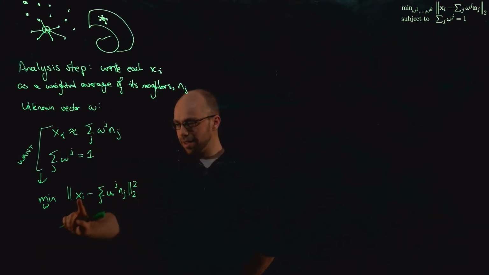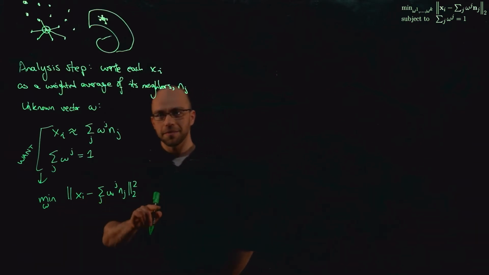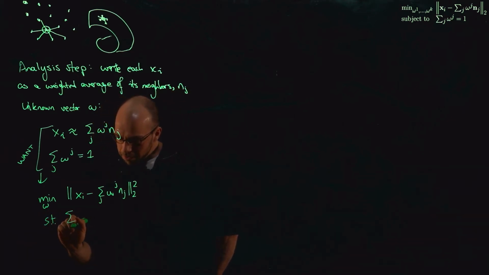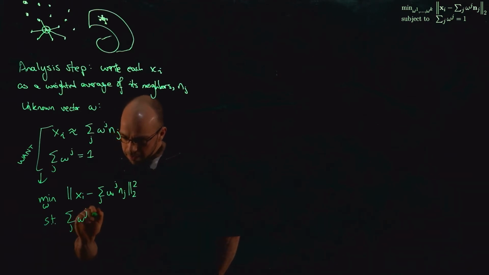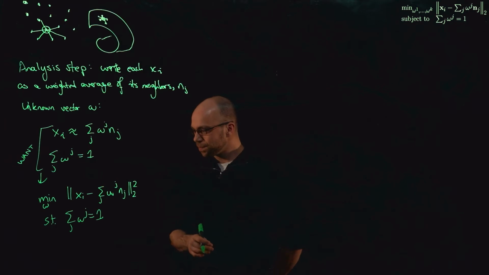Right, so this is just saying I want the vertex x_i to be a weighted average of the n_j's. This norm is 0 when that's exactly true. But we have a constraint, which is that the sum over j of the omega_j's is equal to 1, because otherwise they wouldn't be averaging weights.